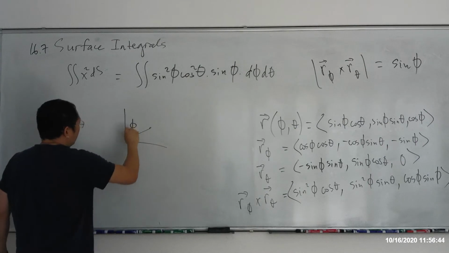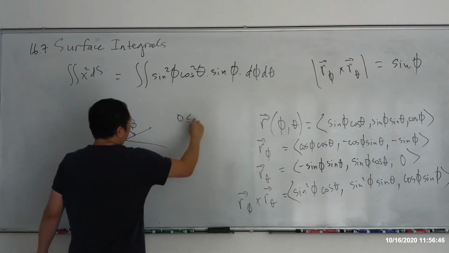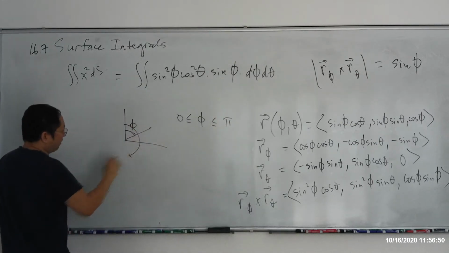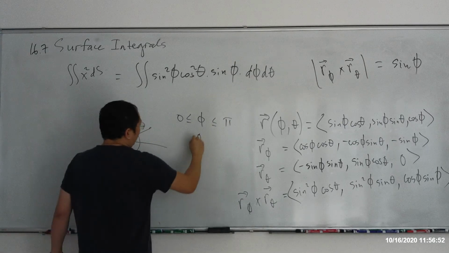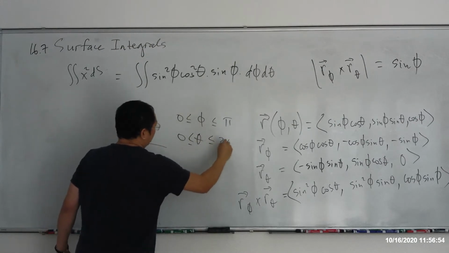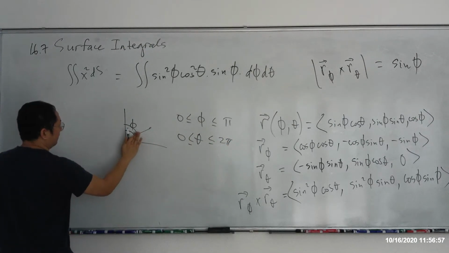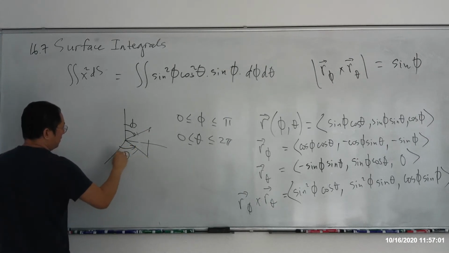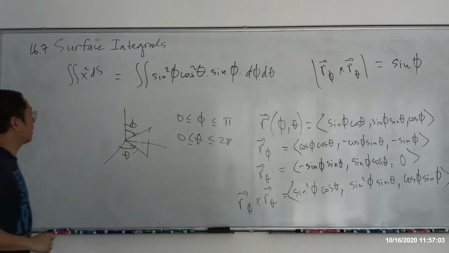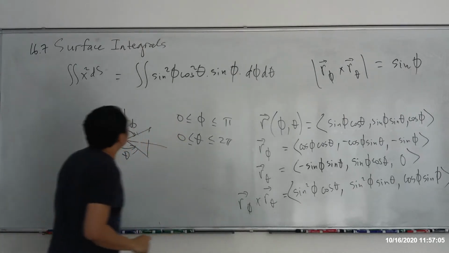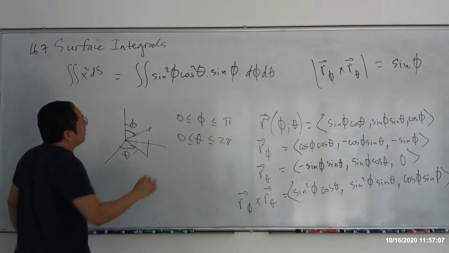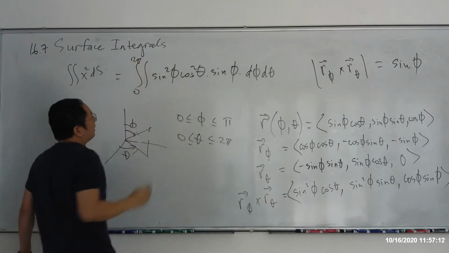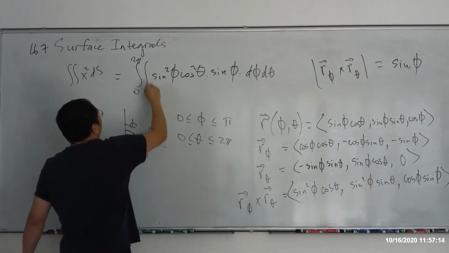This is phi going to run from 0 to 180 degrees, all the way from here, all the way down here. Okay? And then theta runs from 0 to 2 pi. This is the angle theta, entire circle on the xy plane. Okay? So this double integral now got a boundary, theta right here run from 0 to 2 pi, and phi run from 0 to pi.